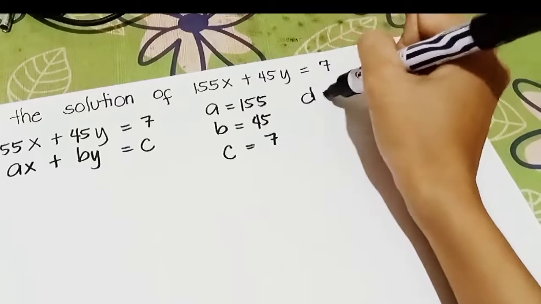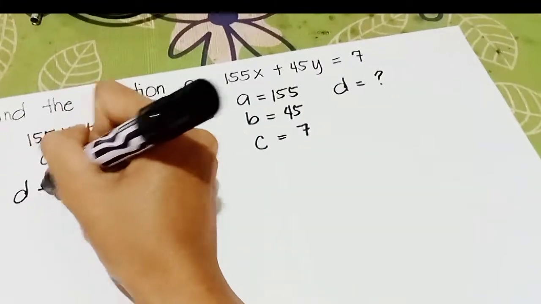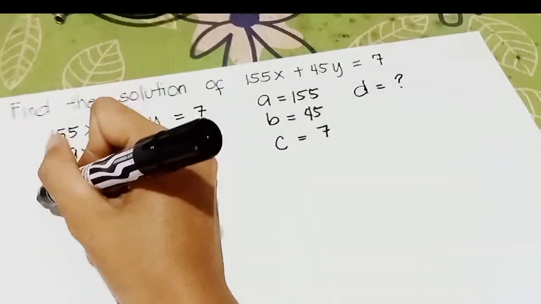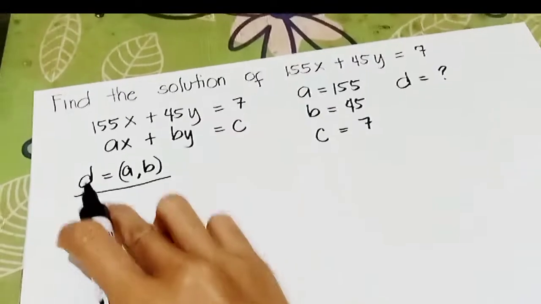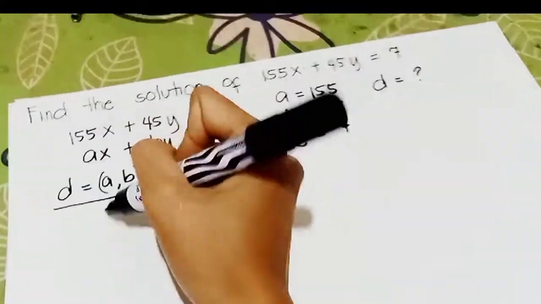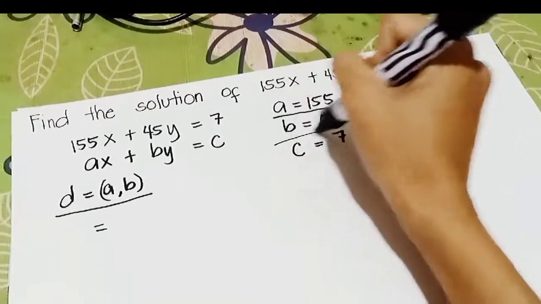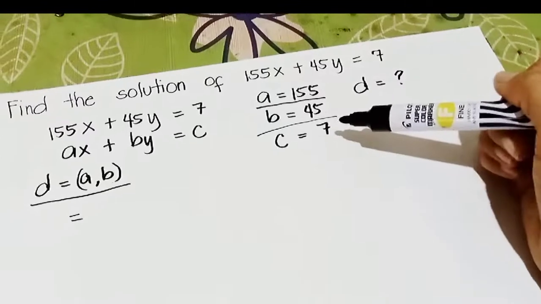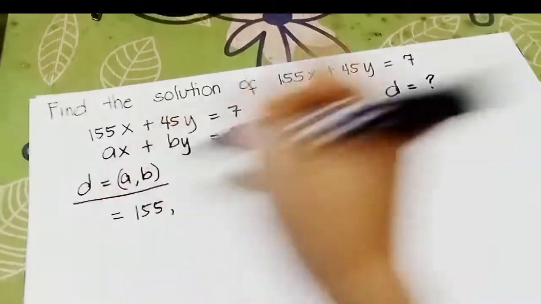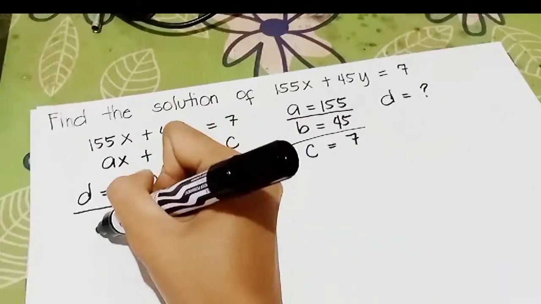So let's find the value of d. d equals the GCD of a and b, so we use a = 155 and b = 45.